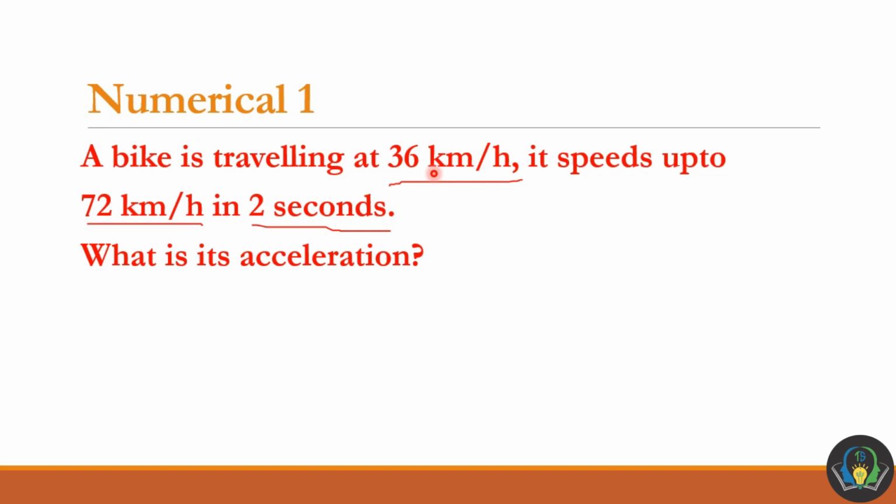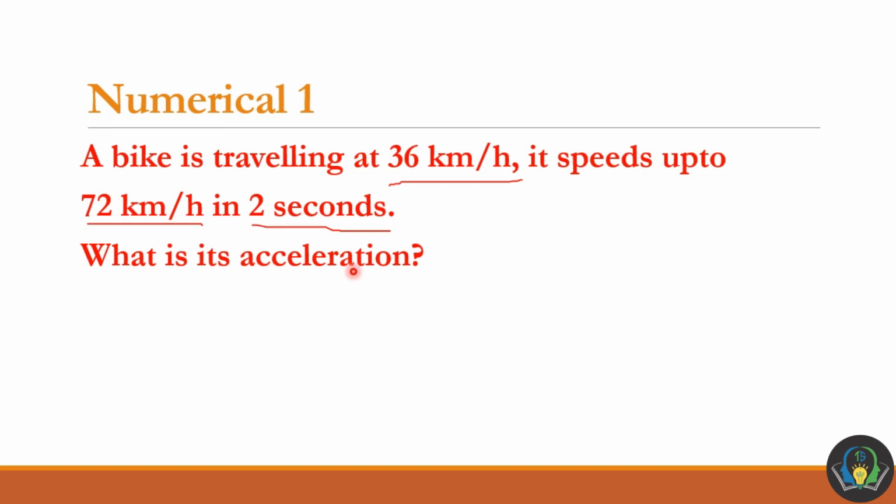Now it speeds up to 72 km per hour, that means the person is increasing the speed to this value. So that will be our final velocity, and time taken is 2 seconds. You have to find acceleration.